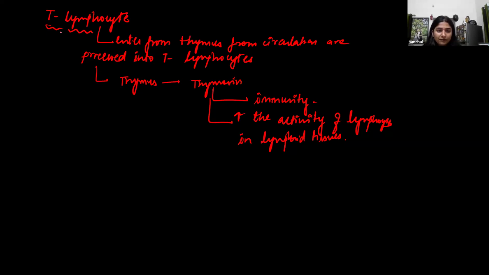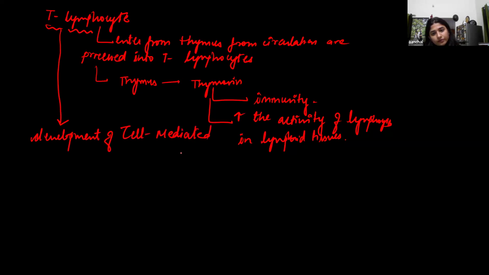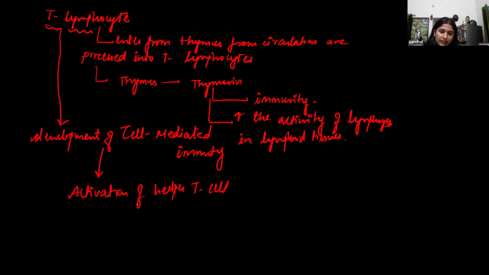Another thing, the T lymphocytes are responsible for the development of cell-mediated immunity, and there will be activation of helper T cells, and they will lead to activation of cytotoxic cells, which are also a type of T cell.